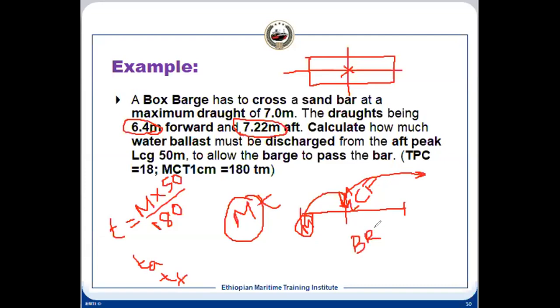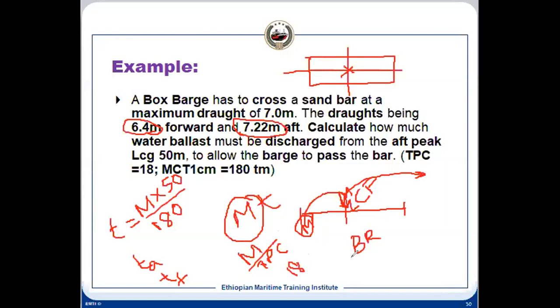This BR we can calculate as M, the mass we have removed, divided by TPC, which is given to us. TPC is 18, so M divided by 18.